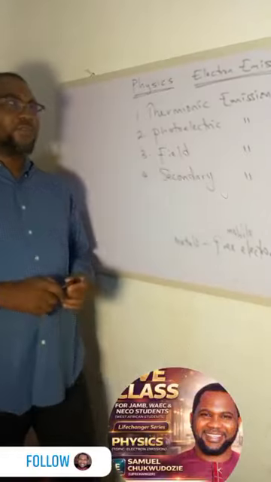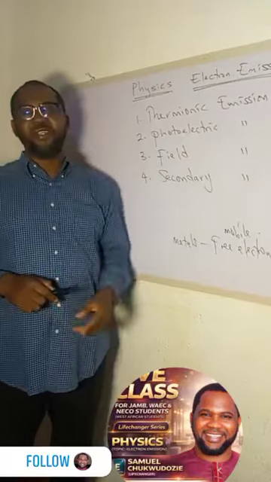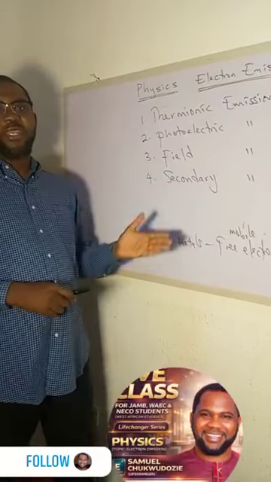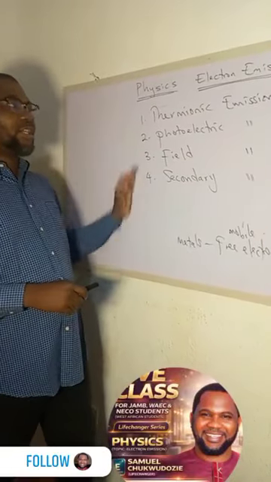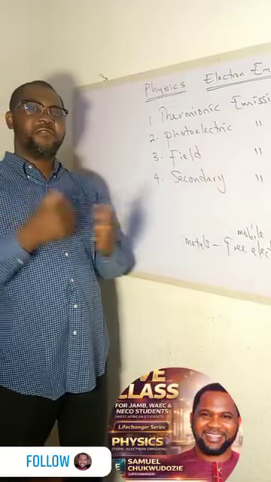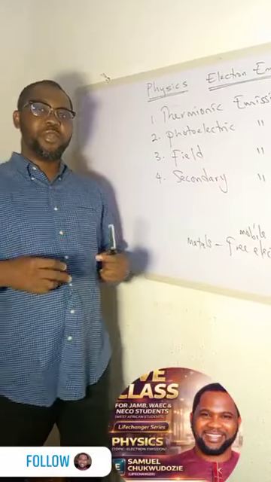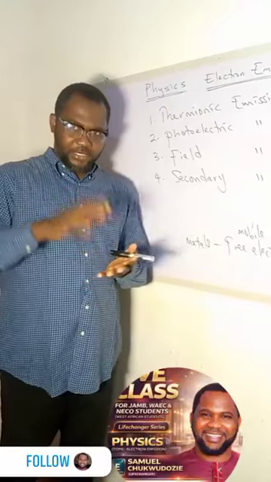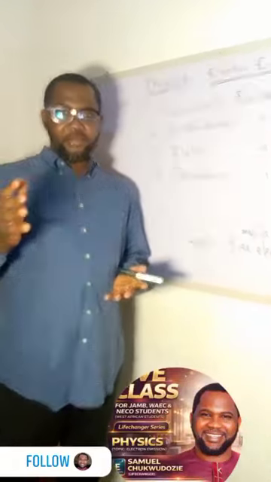And by the grace of God, today we are going to be starting with the first one, which is thermionic emission. But before I go into that, I want to quickly give a brief summary about each of these emissions. Remember that you need a sufficient kind of energy to be able to emit electrons from the surface of a metal. The energy needs to be high enough.